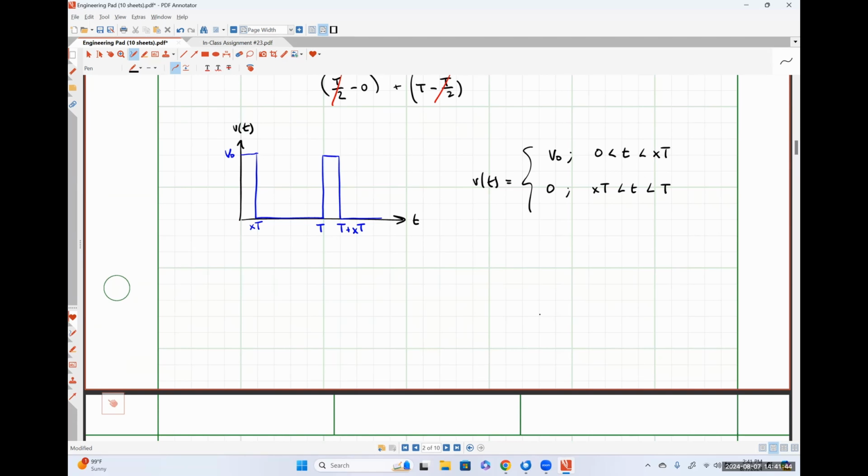So if we have a series of rectangular pulses like this, our effective value for our voltage waveform would be the square root of 1 over capital T times the integral from 0 to xT of V naught squared dt plus the integral from xT to capital T of 0 volts squared dt.